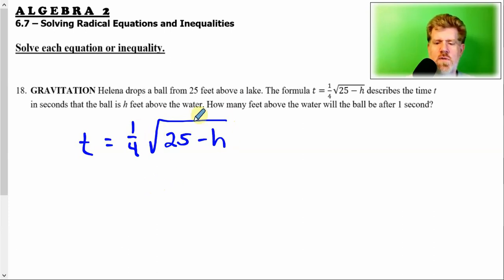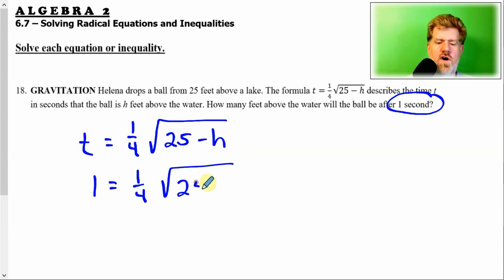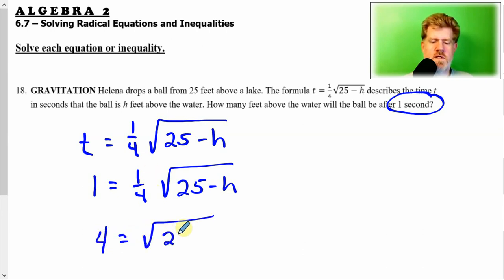So if I know my time is 1 second, I want to figure out how far that was off the water before I dropped it. So I just solve this equation. Multiply by 4. Now this is isolated. Square both sides.